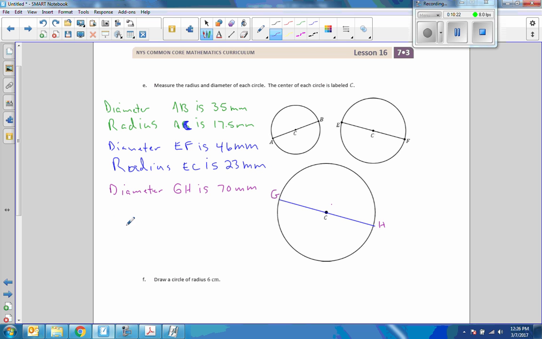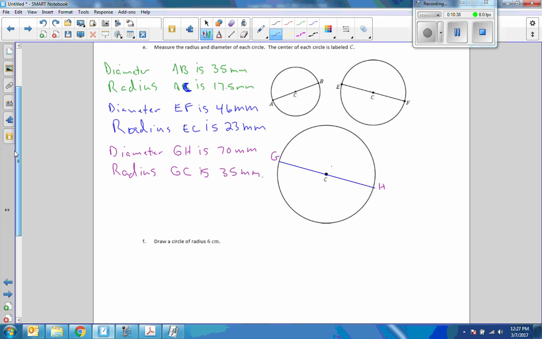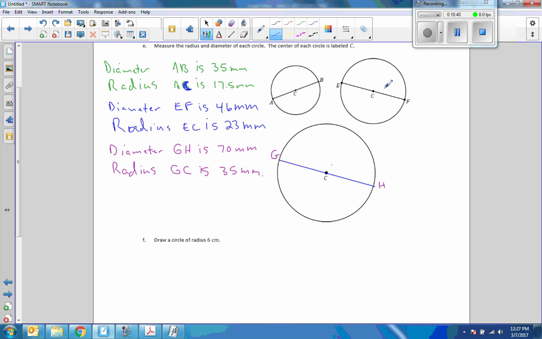That's what we measured. And then the radius is half. Radius GC is half of 70, 35 millimeters. Okay? So this is just getting you to measure and realize that the diameter is twice the radius, and the radius is half of the diameter.